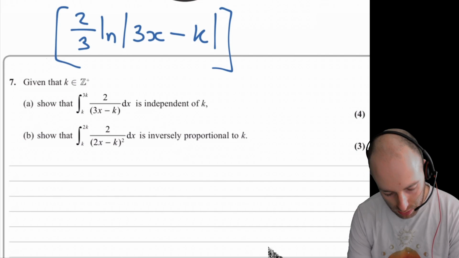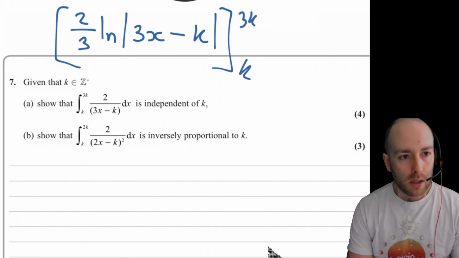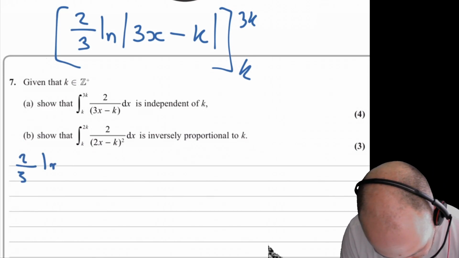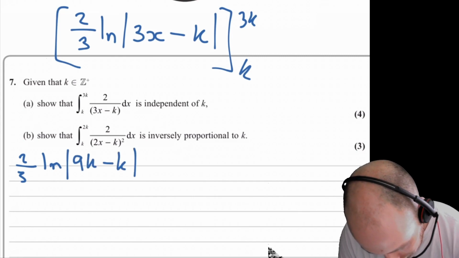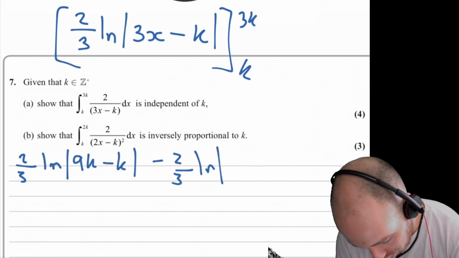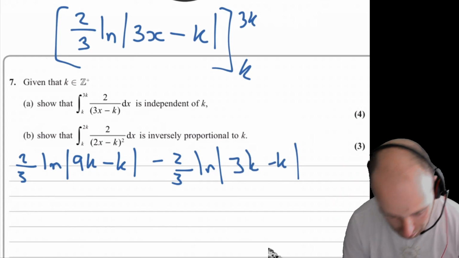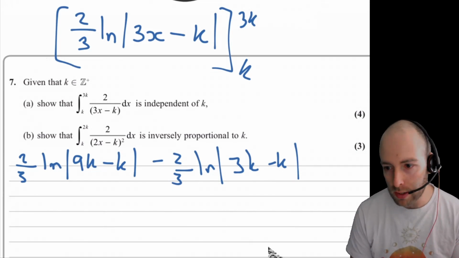Put the limits in, which are k and 3k. So put 3k in first, and we're going to get 2/3 ln of 9k, take k, take away 2/3 ln 3k minus k, which is, we can use log rules to divide those two.